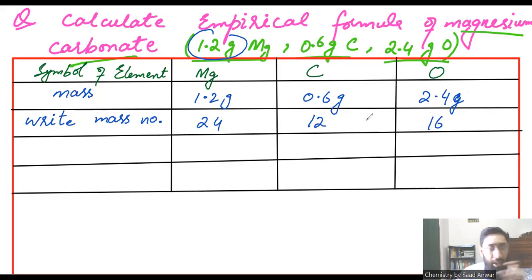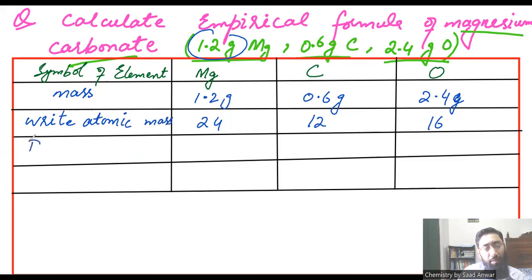The third step is divide the given mass by the atomic mass. This is atomic mass, relative atomic mass.